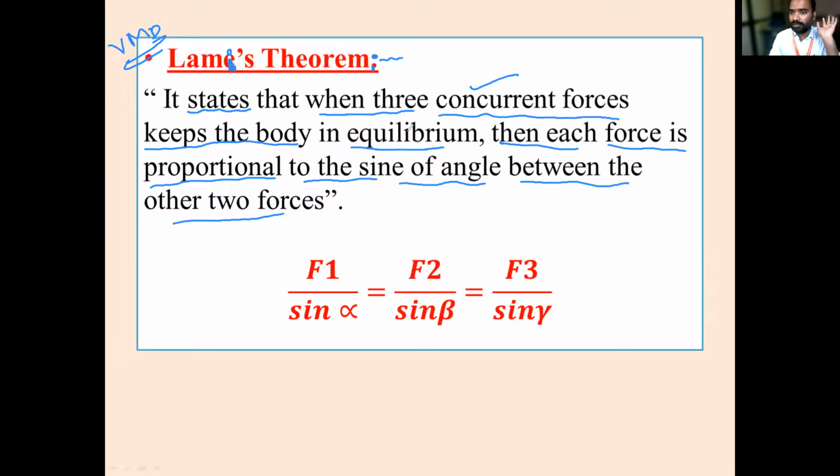There should be only three forces, and each force is proportional to the sine of angle between the other two forces. So if F1, F2, F3 are the three concurrent forces, then F1 divided by sine alpha is equal to F2 divided by sine beta is equal to F3 divided by sine gamma.